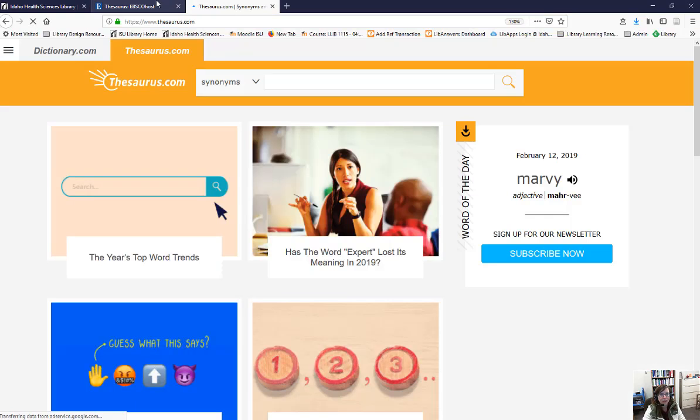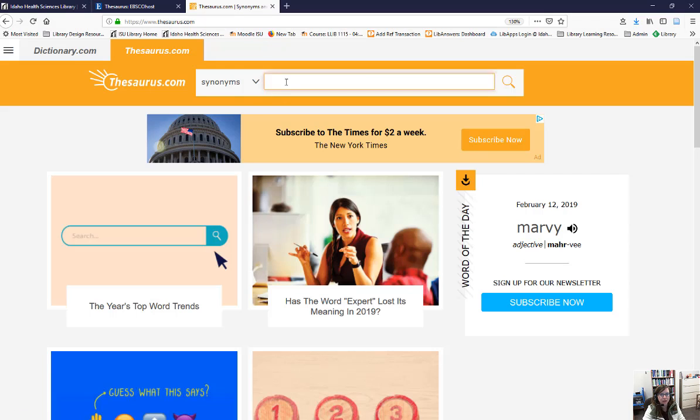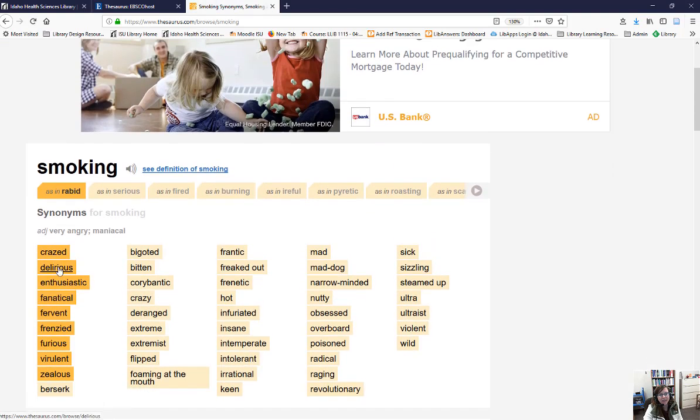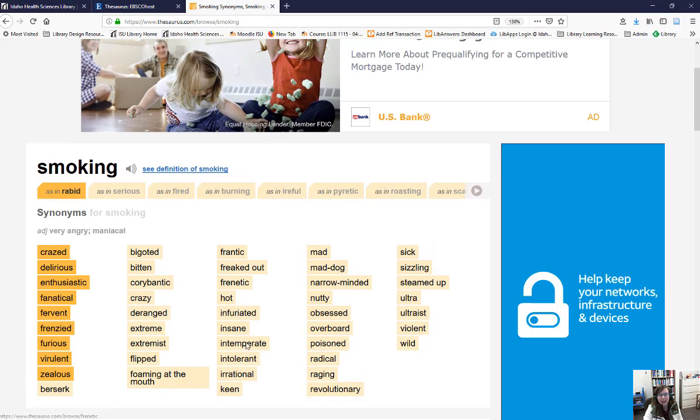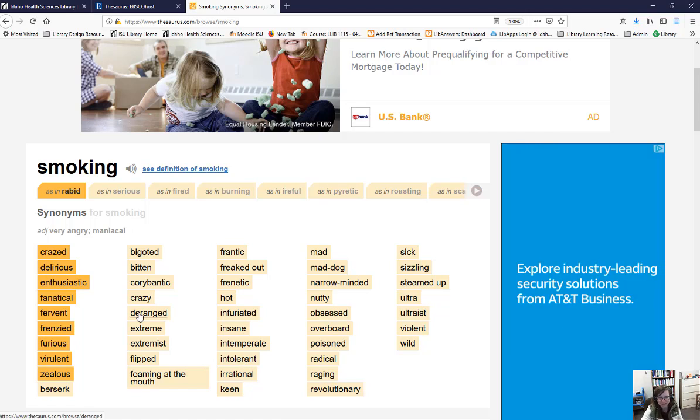let's just do an example. This thesaurus is very similar to how thesaurus.com works in that if I type in smoking here, I'm going to get all of these different synonyms to smoking, but actually this doesn't have to do with smoking cigarettes. This just has to do with English words that can mean the same thing figuratively.